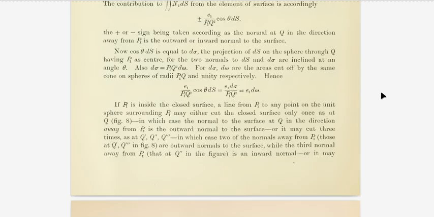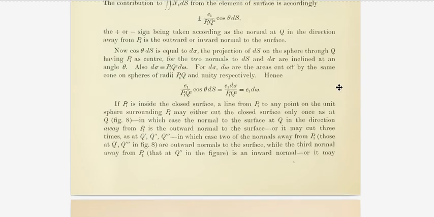Also d sigma equals P1Q squared d omega, for d sigma, d omega are the areas cut off by the same cone on spheres of radii P1Q and unity respectively. Hence, E1 over P1Q squared cosine of theta dS equals E1 times d sigma over P1Q squared equals E1 d omega.